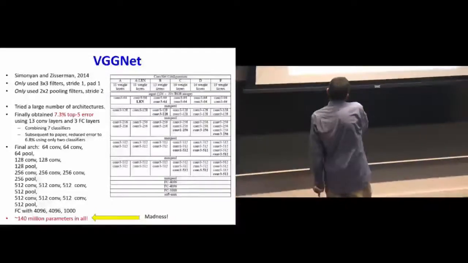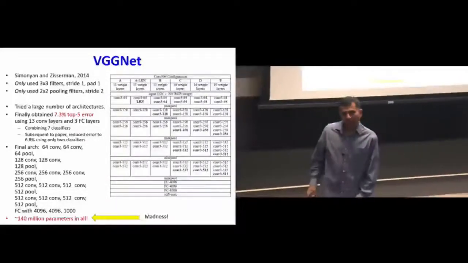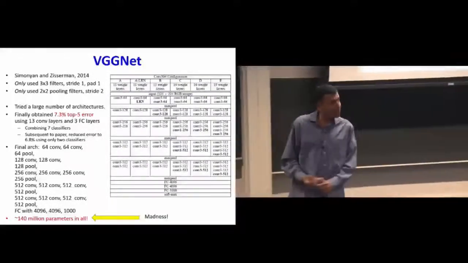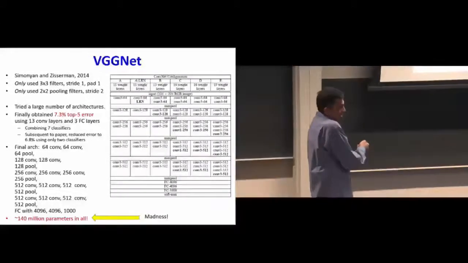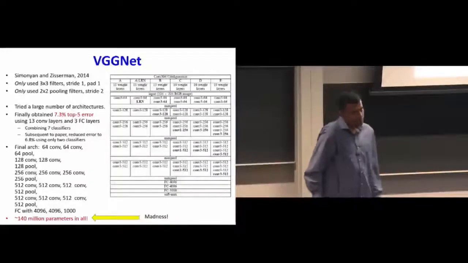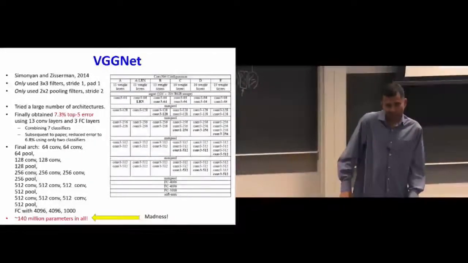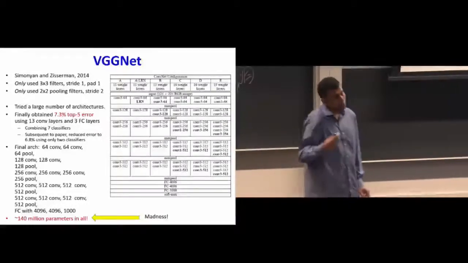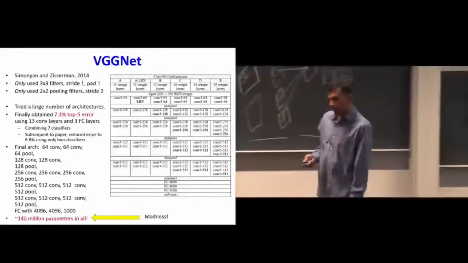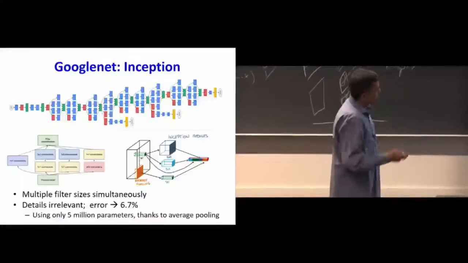And finally found that with a network with 140 million parameters, they can bring the error rate down to 7.3%. Now remember, you're speaking of something that was 25% only 2 years earlier, right? And so VGGNet remains one of the most popular models that people use for ImageNet these days, and you can download it off the web.